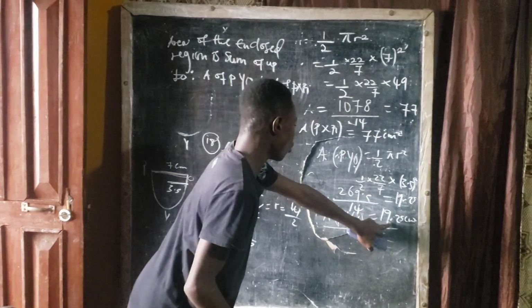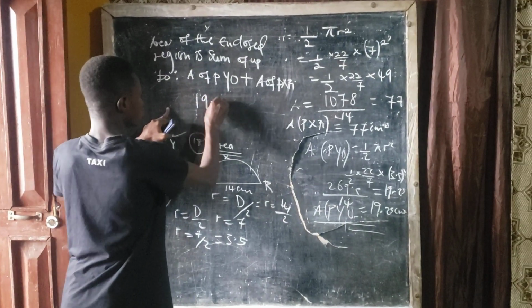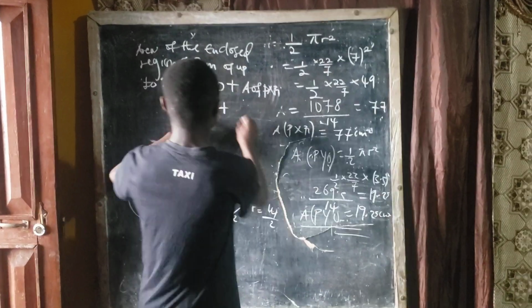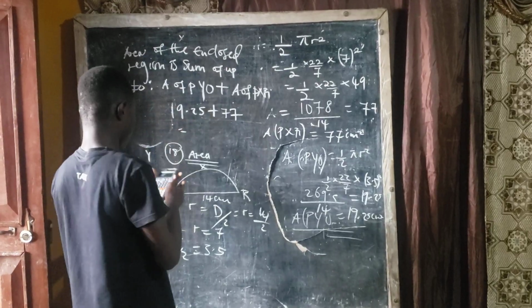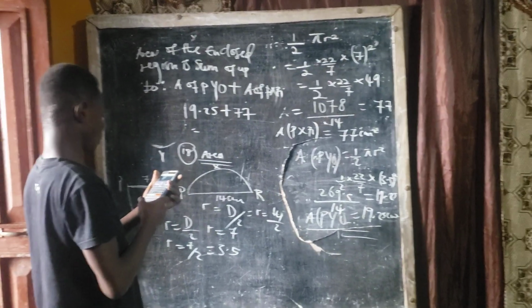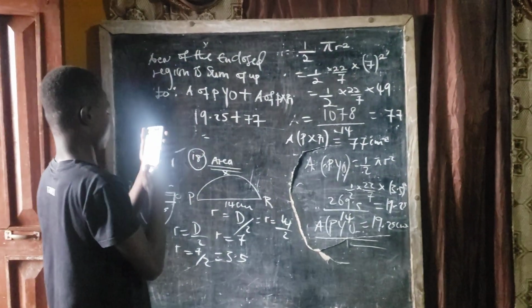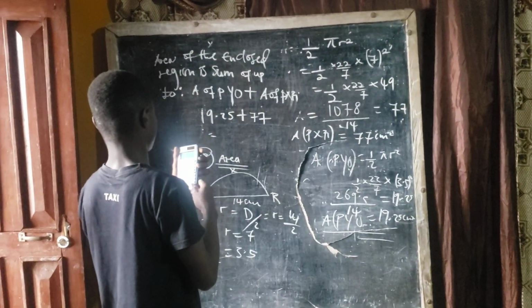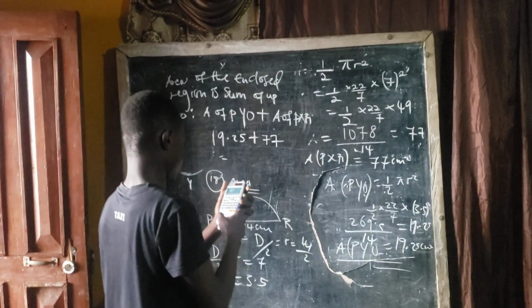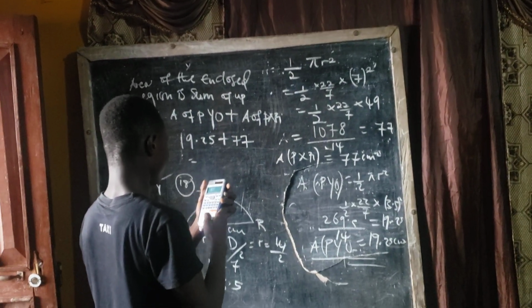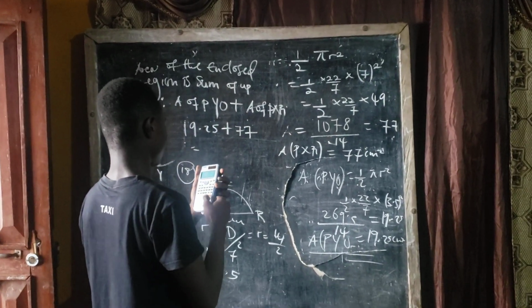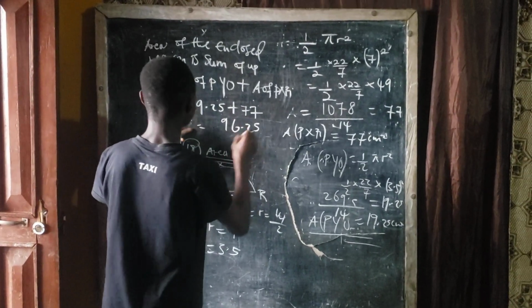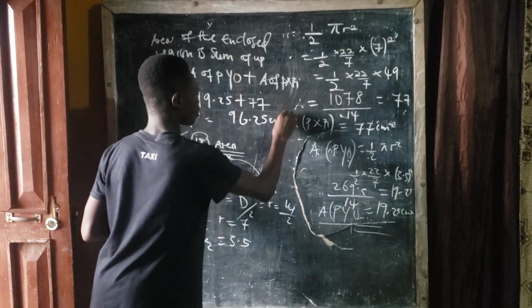The area of PYO is 19.25, plus the area of PXR, which is 77. 19.25 plus 77 is now equal to 96.25 cm squared, the unit.